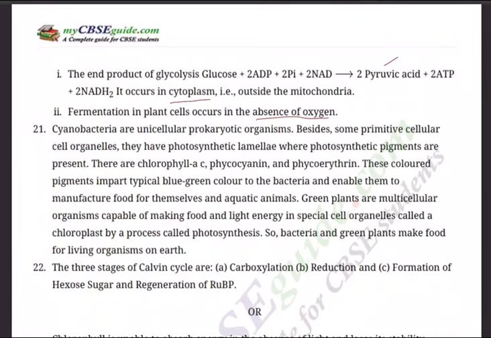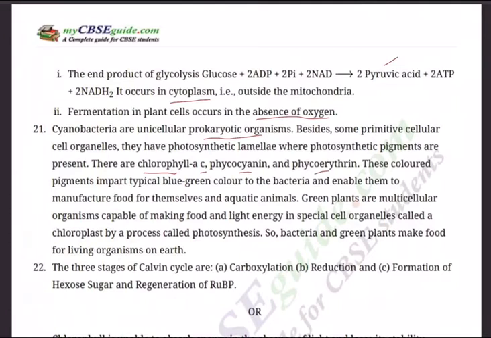Question 21. In a way, green plants and cyanobacteria have synthesized all the food on the earth. Comment. Cyanobacteria are unicellular prokaryotic organisms. Besides some primitive cell organelles, they have photosynthetic lamellae where photosynthetic pigments are present.